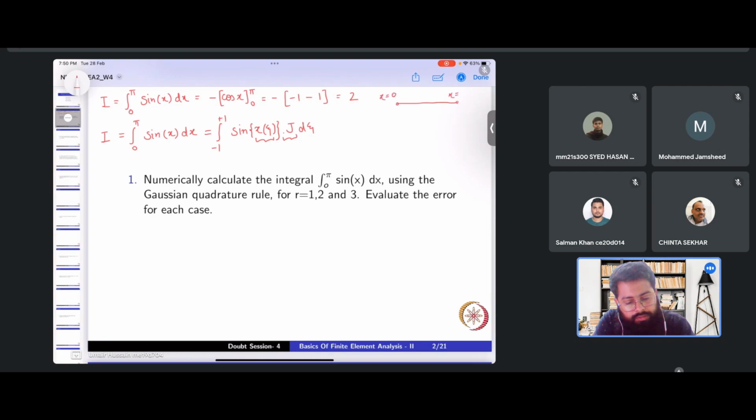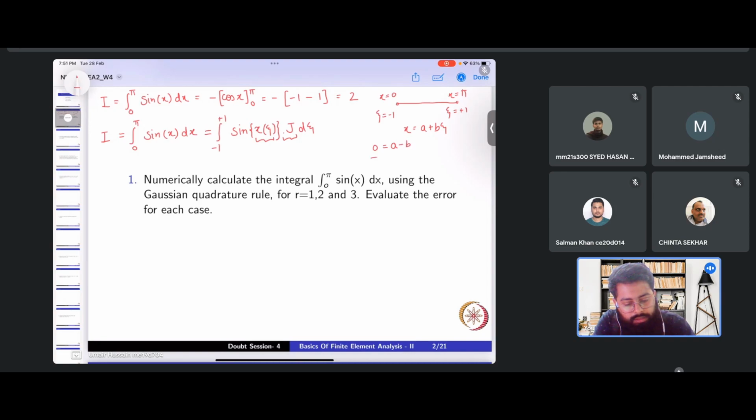We have x equals 0 and x equals pi. We're going to change it to zeta equals -1 to zeta equals +1. So we want a linear transformation, x equals a zeta plus b. Now we substitute the value at each node. At the first node we have x equals 0 and zeta is -1.